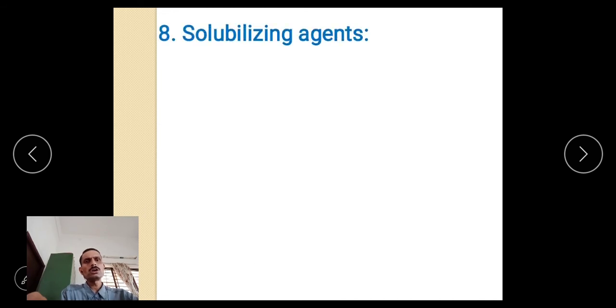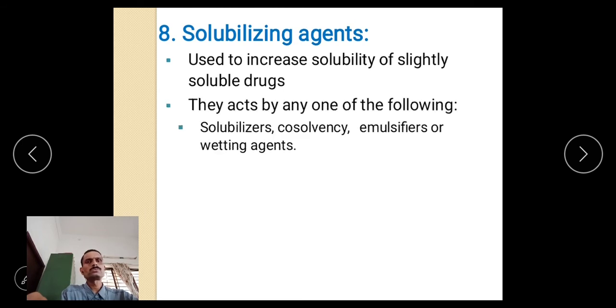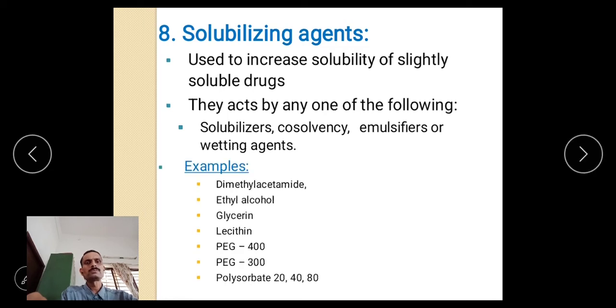Next is solubilizing agents. Even surfactants are also used as solubilizing agents. To increase the solubility of slightly soluble drugs, they act by one of the following mechanisms: the co-solvency effect, acting as an emulsifier, or acting as a wetting agent.